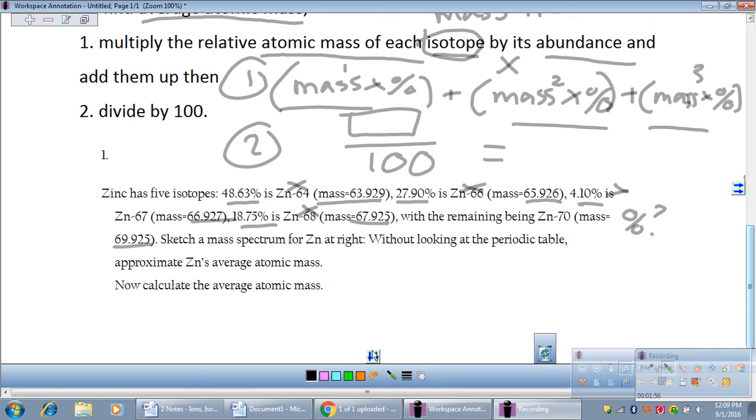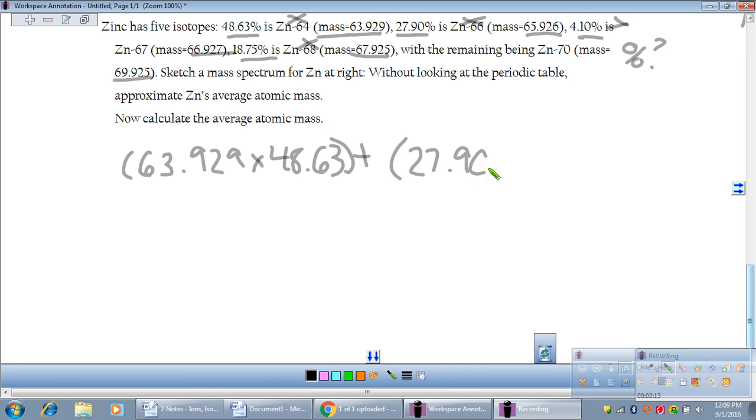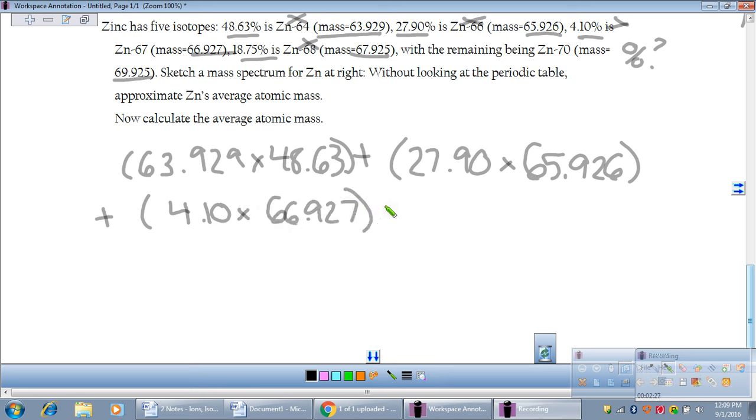So I'm going to start by writing it out. For my first isotope, I have 63.929 multiplied by 48.63 plus 27.90 multiplied by 65.926 plus 4.10 times 66.927 plus 18.75 times 67.925.